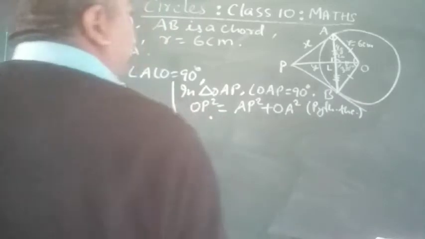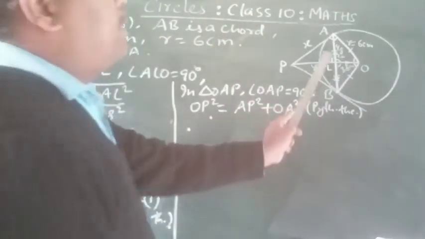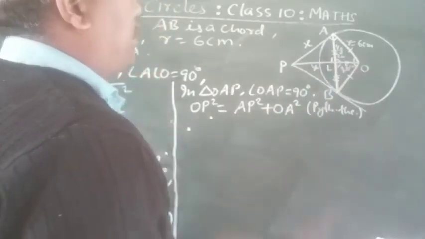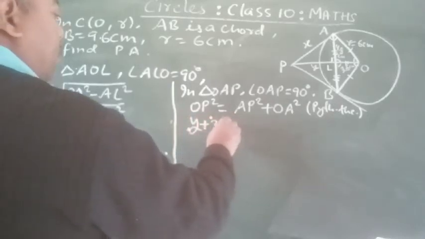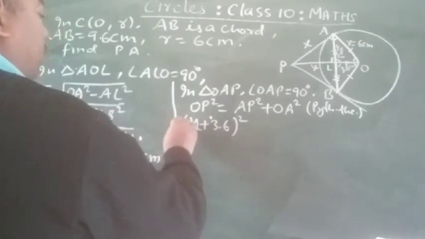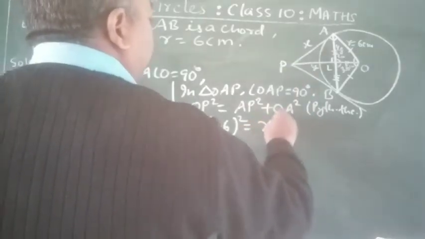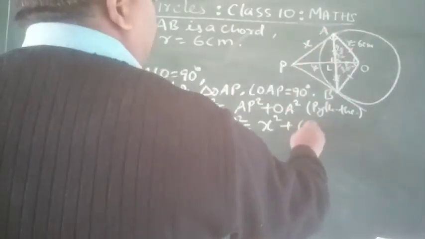OP is PL, which is y, plus OL, which is 3.6. So y plus 3.6 whole square equal to AP, x square, plus OA, 6 square.